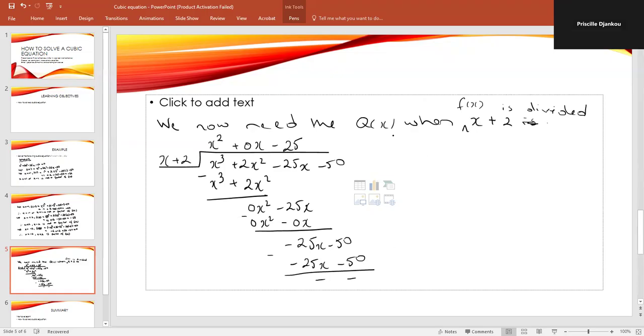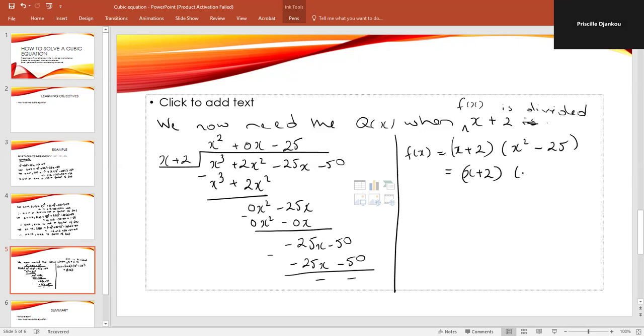So this implies we've obtained a quotient q of x. So our f of x can now be written as x plus 2 times x squared minus 25.